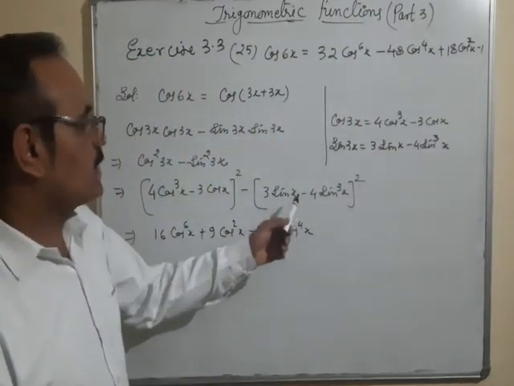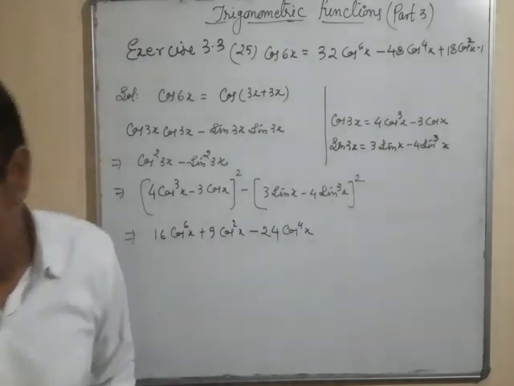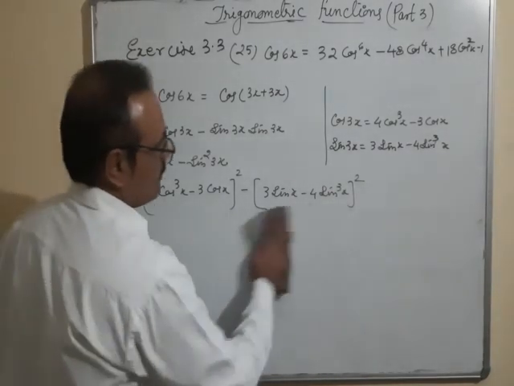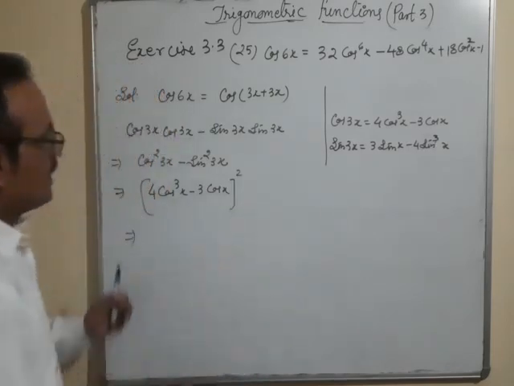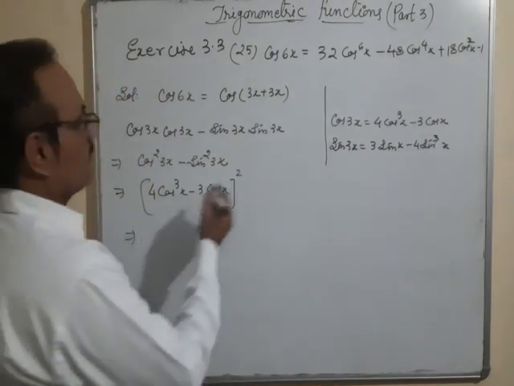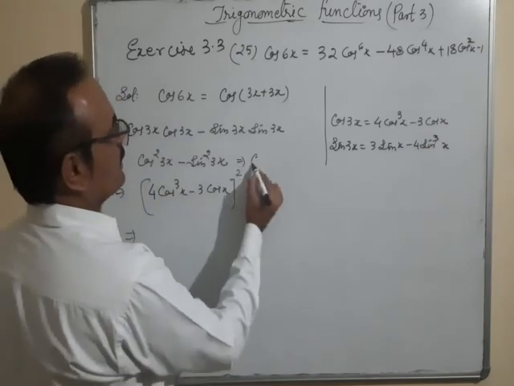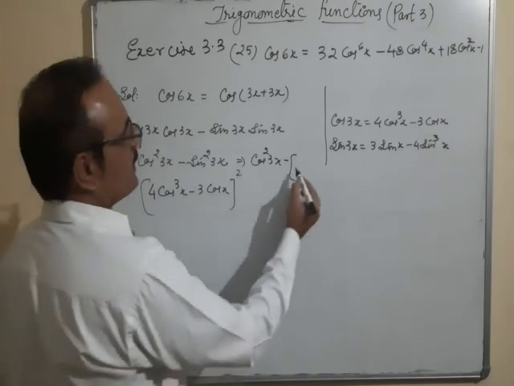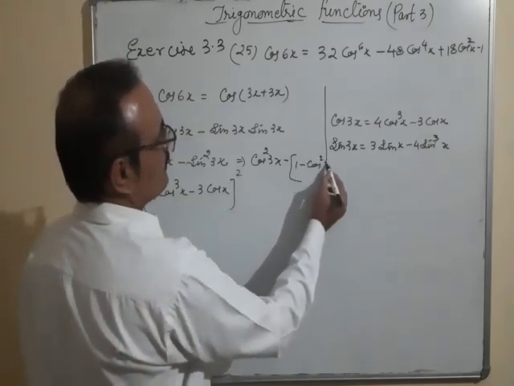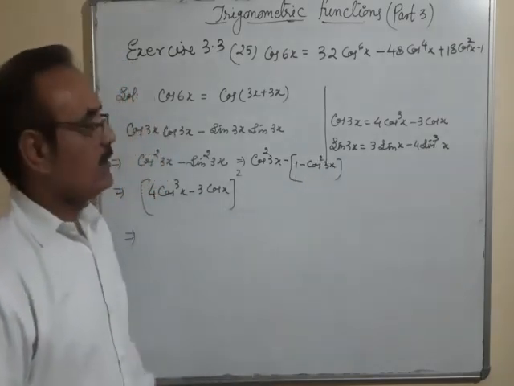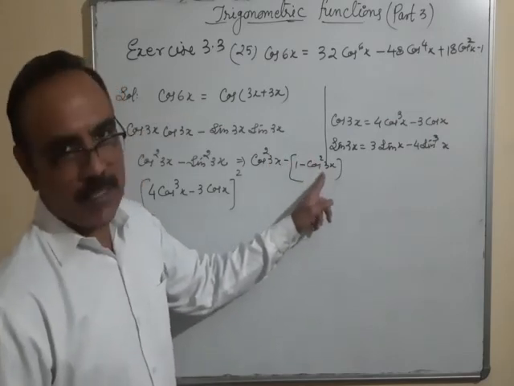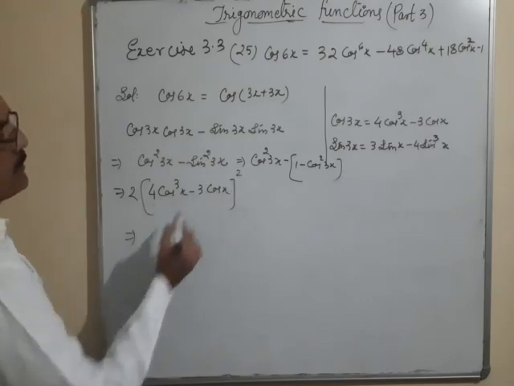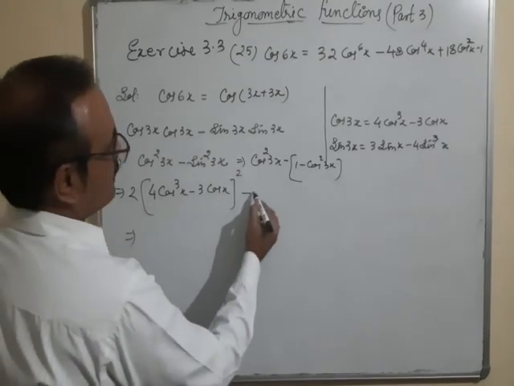So after this step, it is cos square 3x minus sin square 3x. May I write here 1 minus cos square 3x? So cos square 3x plus cos square 3x, it is 2 cos square 3x minus 1.